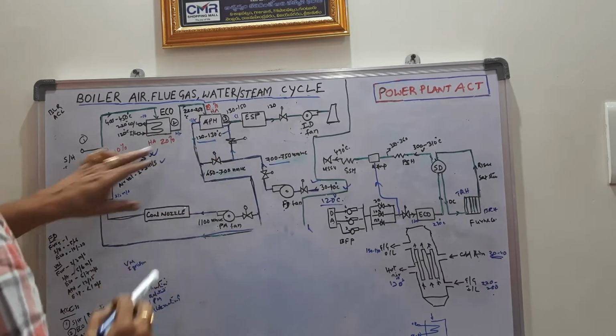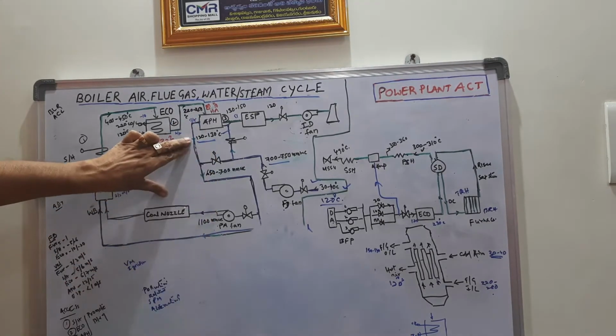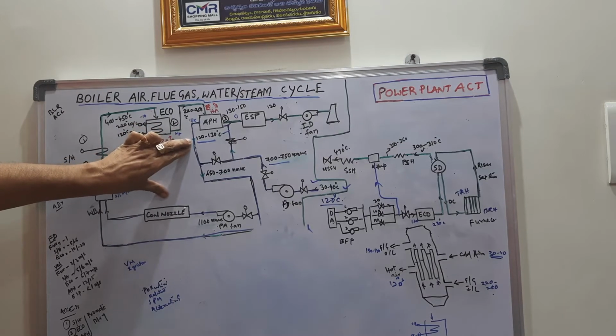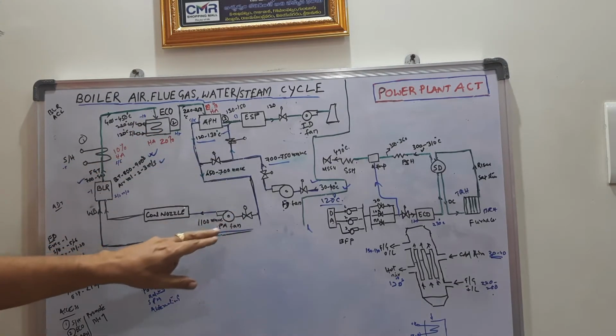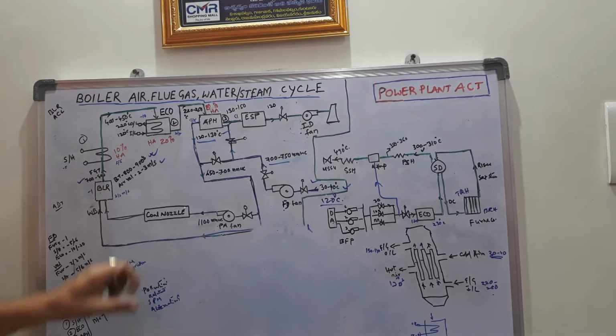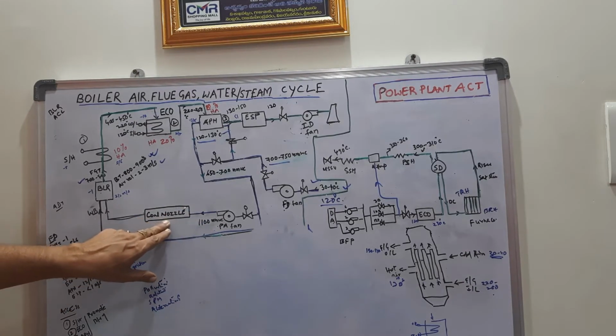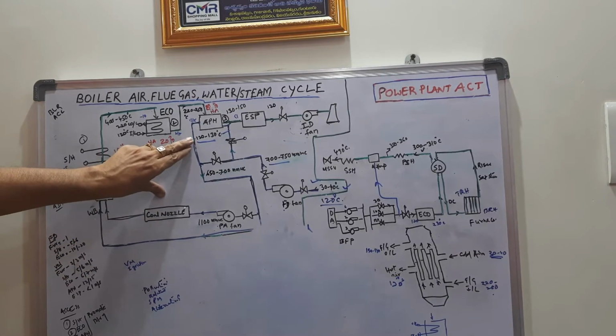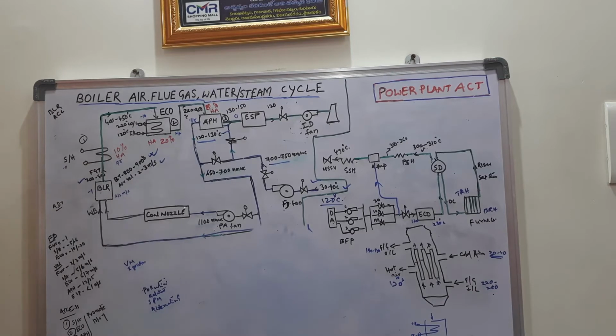If you increase the temperature of the air at the outlet of the air preheater to around 200 to 250 degree, then what happens? The coal takes ignition inside the coal nozzle, and the nozzle gets heated. So we have to take care to keep the temperature at 120 to 130 degree temperature.